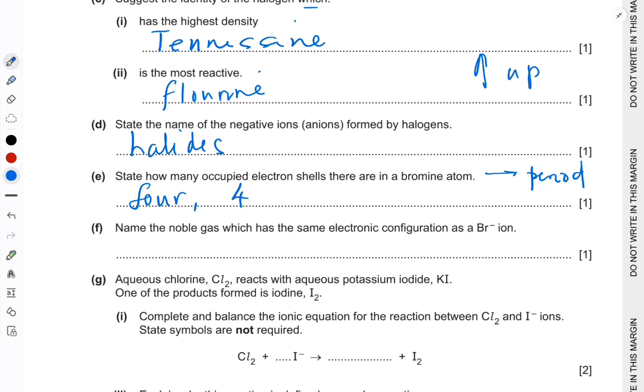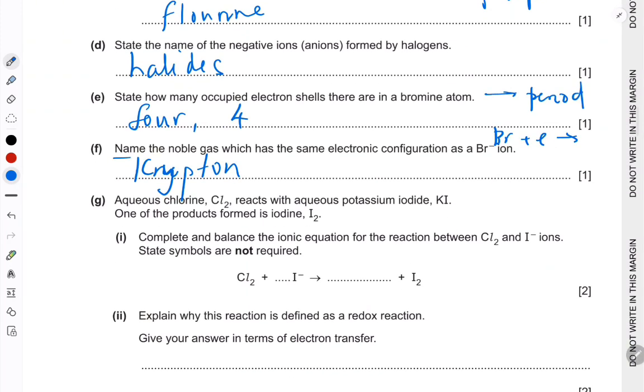So you look to the right, because bromine gains 1 electron, it'll go to the next element, and therefore it is krypton. Name, not write the symbol. So krypton.